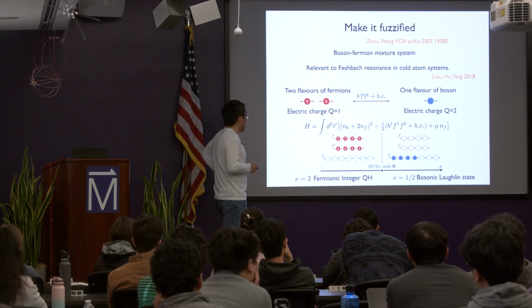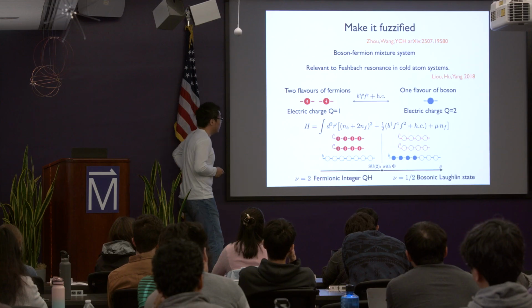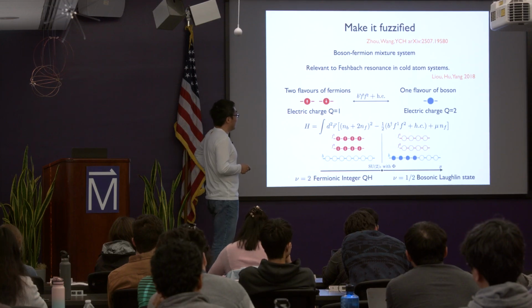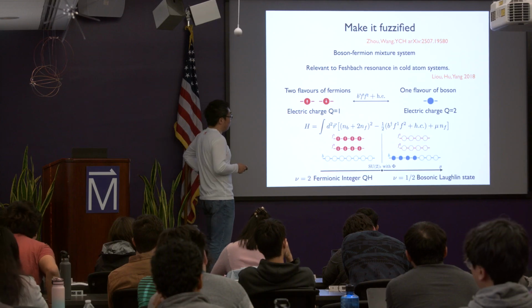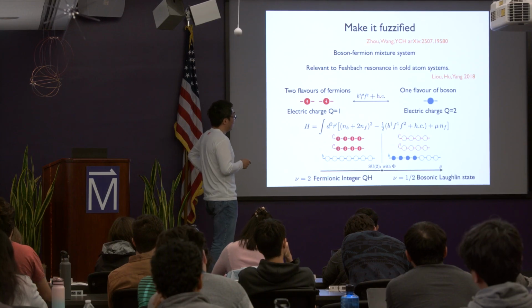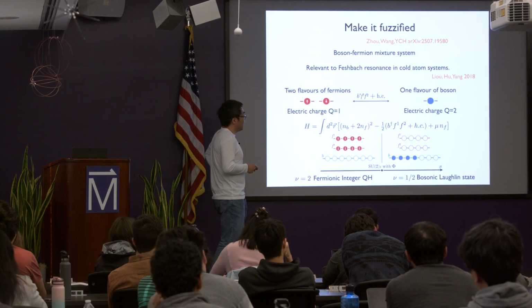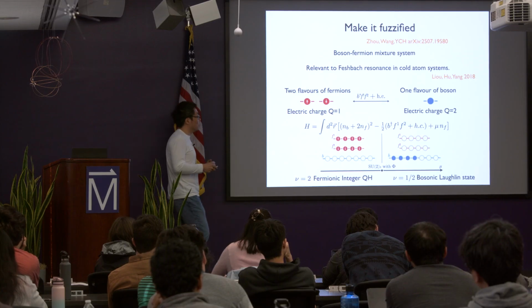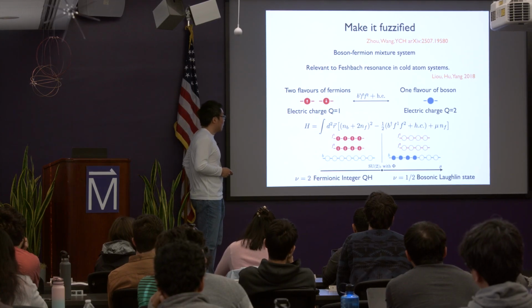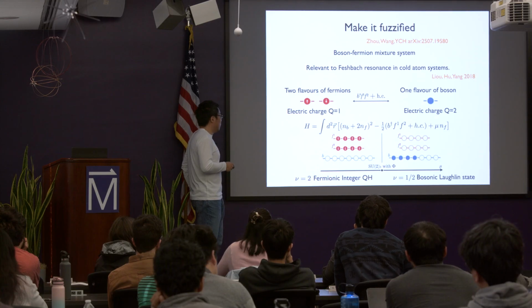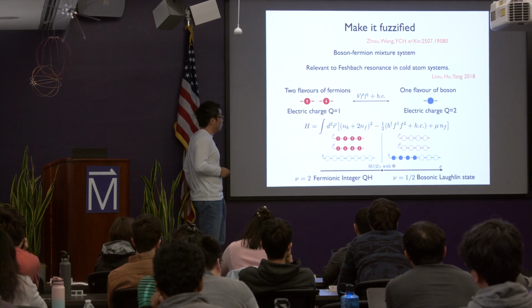But I still feel there's some mystery that we don't understand, why this term always helps us. The second term is this boson-fermion conversion term, b dagger f1 f2. You can convert them. And the last term is the chemical potential, which controls where the particles are, whether there will be fermions or bosons.